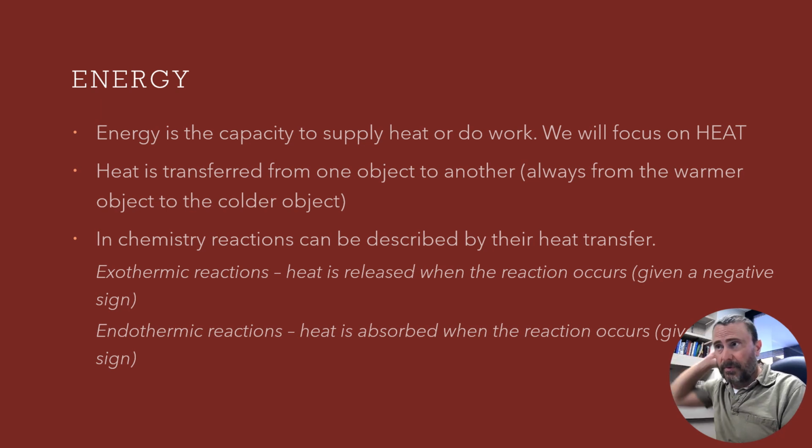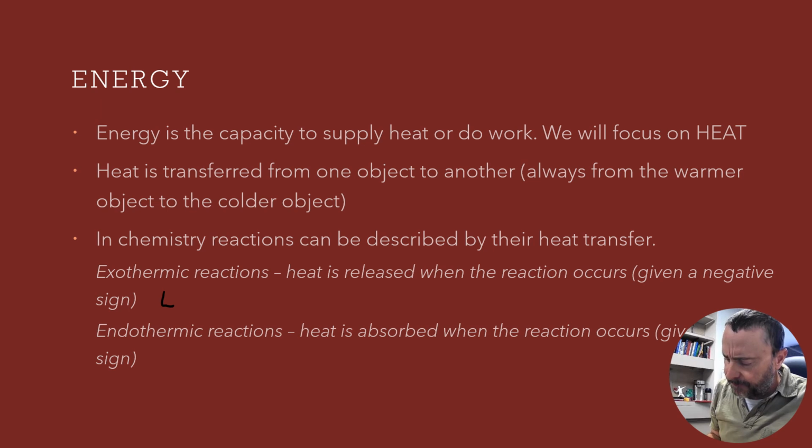All right, so when we have chemical reactions, we describe them by the transfer of heat, and we describe them as either being exothermic or endothermic. Exothermic is where heat is released into the surroundings. It's given a negative sign, and so exothermic heat exits the system, right? I like to think about that as the fact that both those words start with EX.